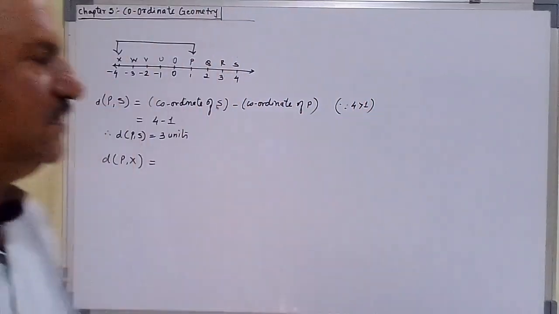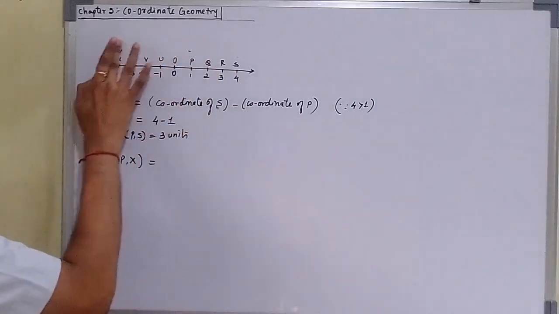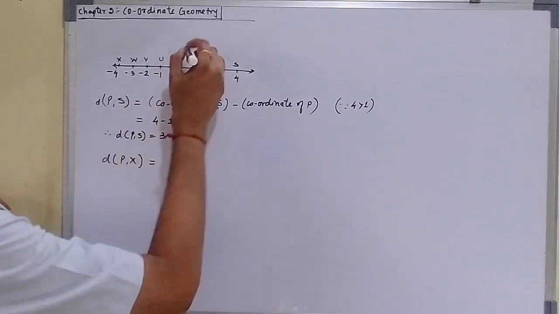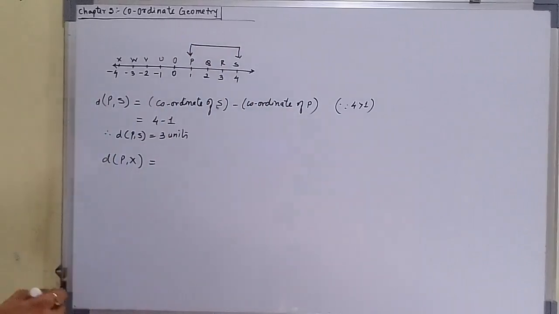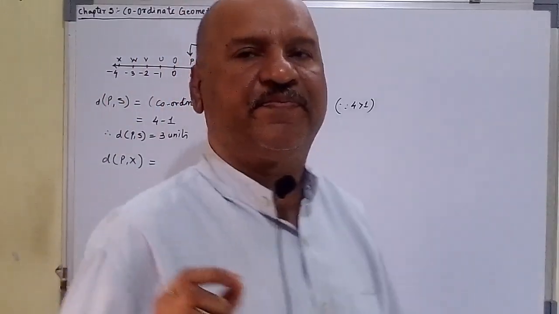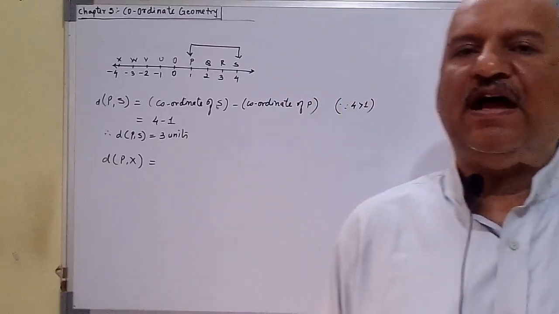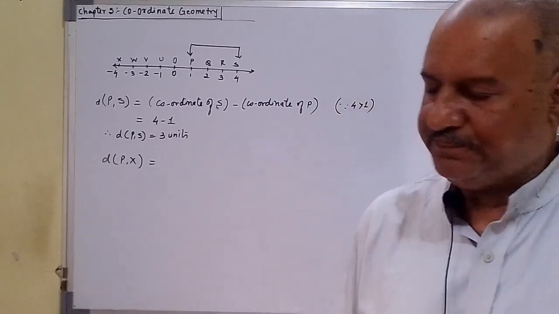Let me give one example here. I took PS first. Distance PS, you see this distance. Now, how to find distance PS? We take the coordinate which is greater, and then we subtract the smaller coordinate from the greater coordinate.